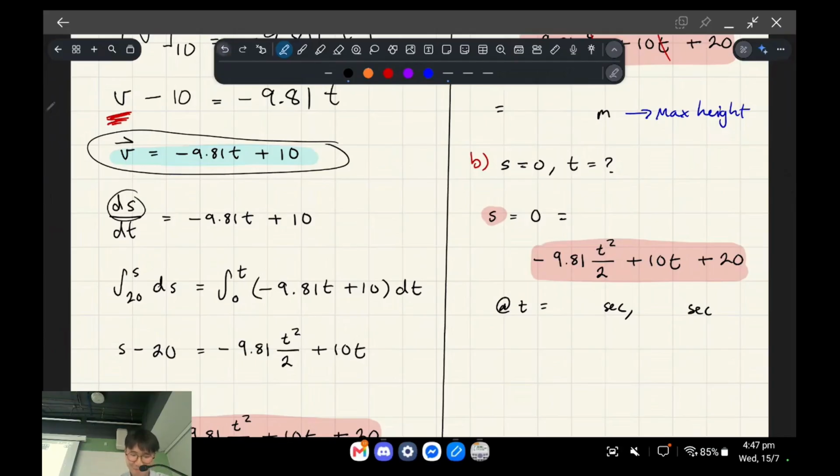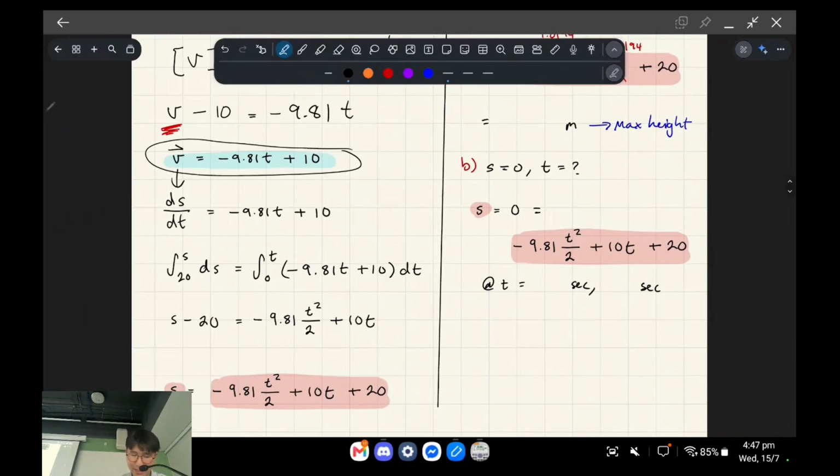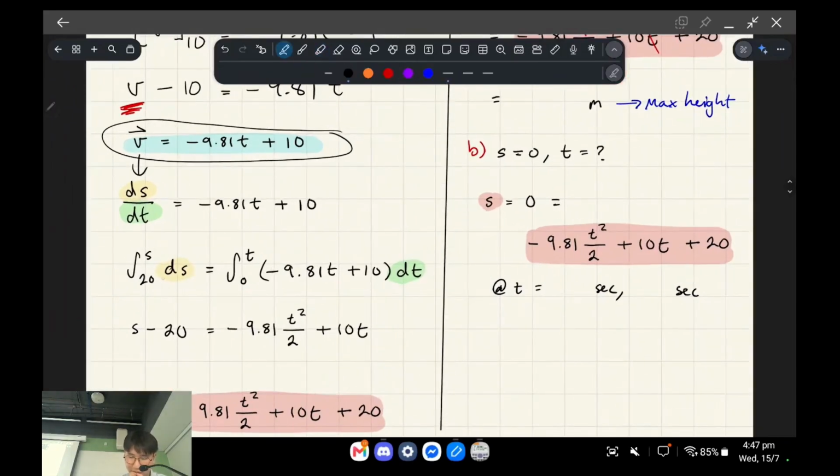That's what I'm trying to say. So we just equate that, and then we do the same thing. We separate and integrate. So I'm going to use these colors. dt moves on to the right, ds stays here, and we put an integral onto both sides, like here and here.